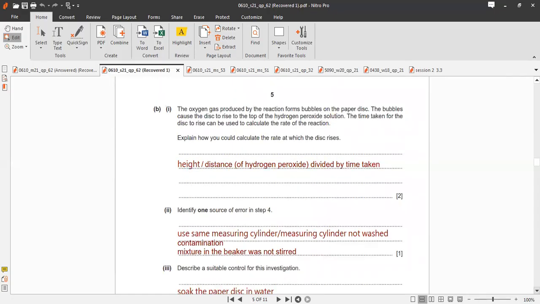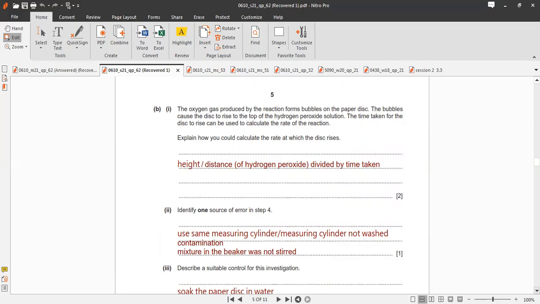B. I, the oxygen gas produced by the reaction forms bubbles on the paper disc. The bubbles cause the disc to rise to the top of the hydrogen peroxide solution. The time taken for the disc to rise can be used to calculate the rate of the reaction. Explain how you could calculate the rate at which the disc rises.